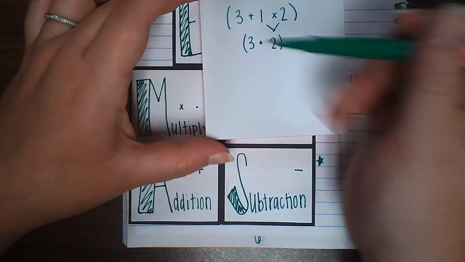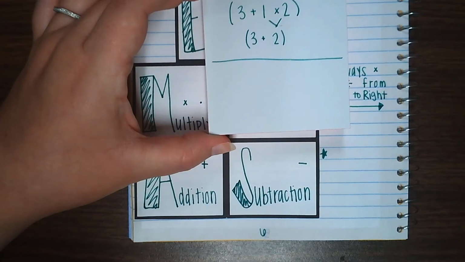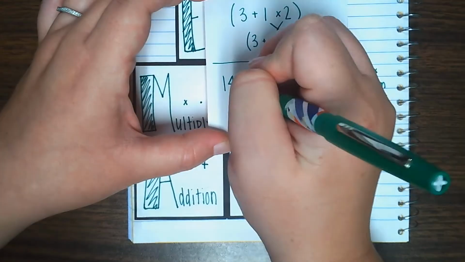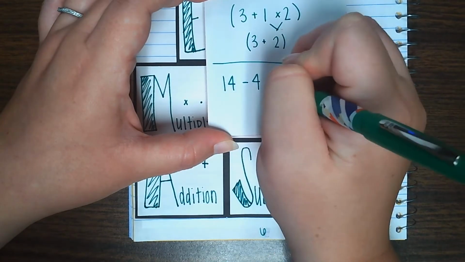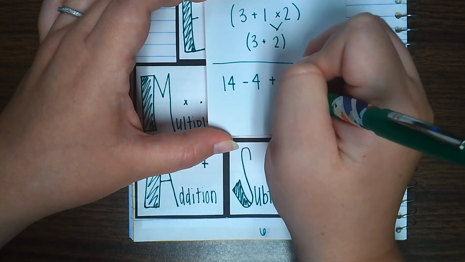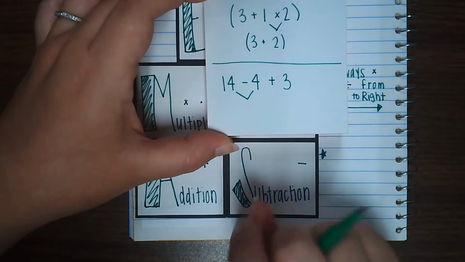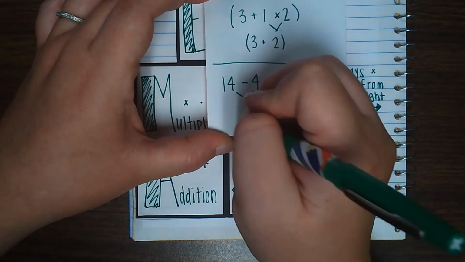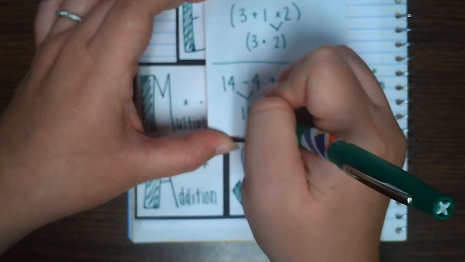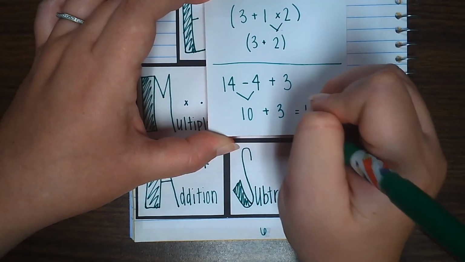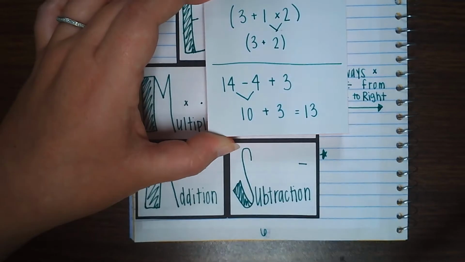So for an example, if we were to have the problem 14 minus 4 plus 3, we would definitely subtract before we add. Okay, so that would give us 10 plus 3, which gives us 13.